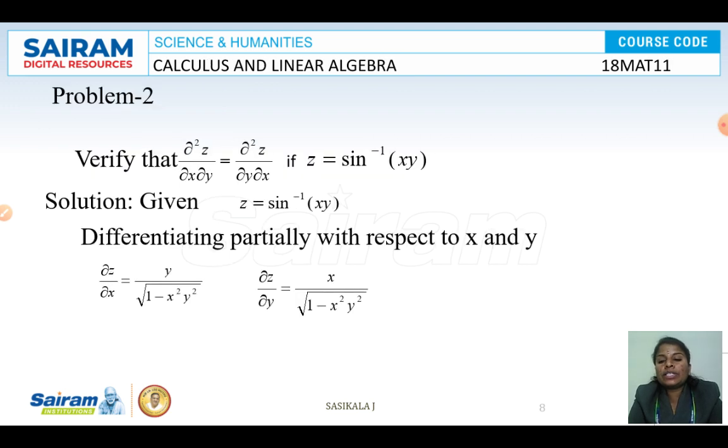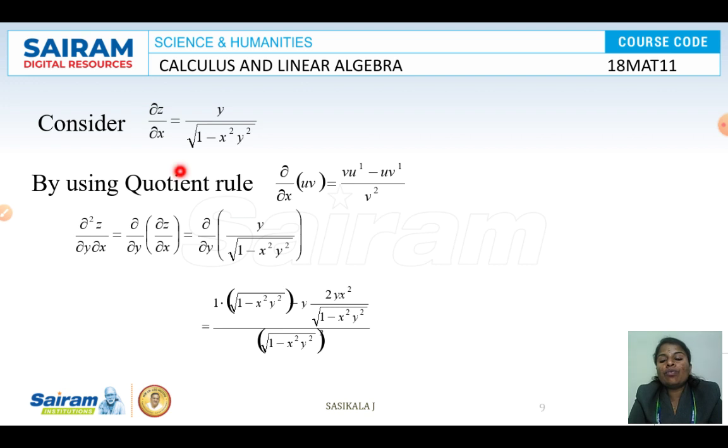As per the question, I need to find my next one, partial differentiation with respect to y. For that you have to apply u by v, because y is there in the numerator as well as in the denominator. So now what will it be? The u by v formula, the quotient rule: denominator into differentiation of your numerator, and then minus numerator into differentiation of your denominator, by denominator the whole square.